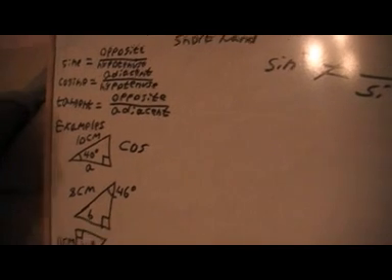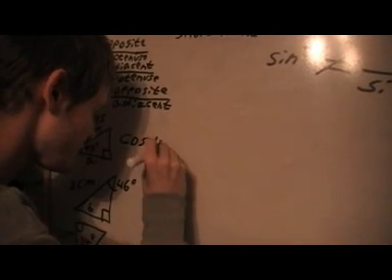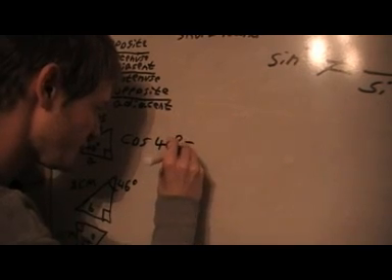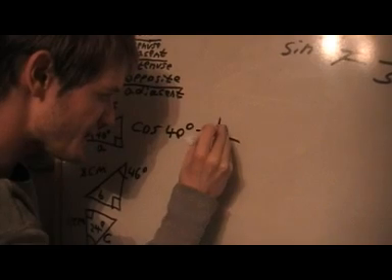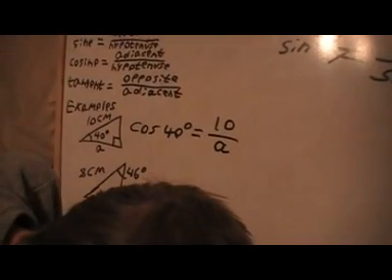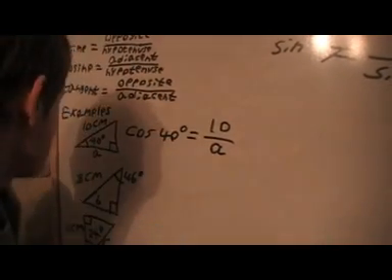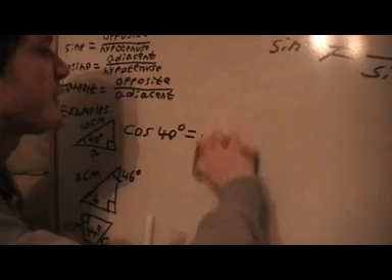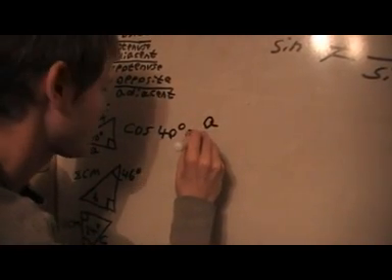So the cosine of 40 degrees is equal to A over 10, because we'll have the adjacent on the top.